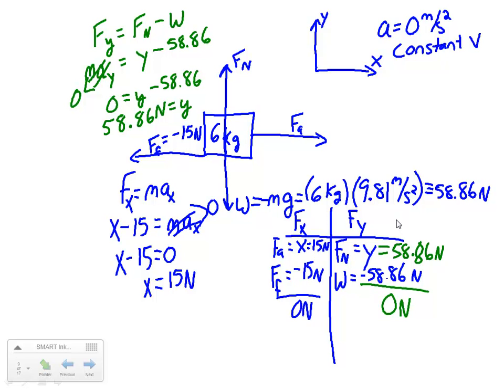It just happens to be moving at a constant velocity, which results in 0 acceleration. That makes sense because if we go back up here, F equals ma, so F equals 6 kilograms times 0 meters per second squared. The net force equals 0 newtons.